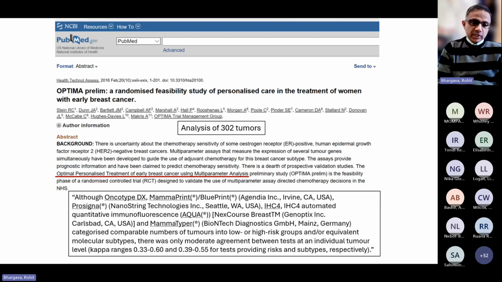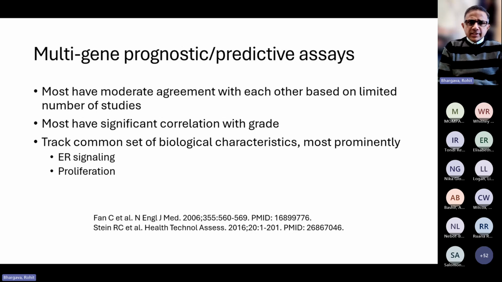So depending on which test the medical oncologist has ordered, the patient could be low risk versus high risk and maybe offered different treatment. However, for most cases, there is a moderate agreement with each other of these multi-gene prognostic assays, but it's based on a limited number of studies.